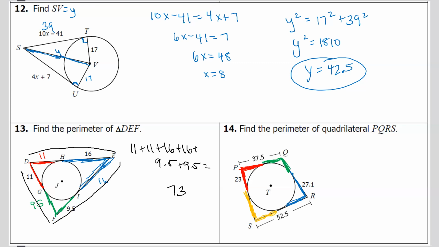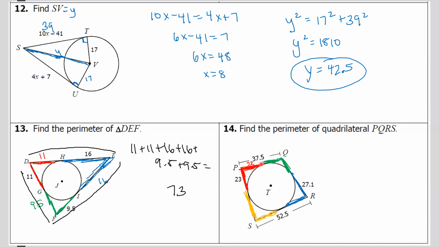Okay. So now I'm going to use what I know about the congruent parts to fill in what I don't know. So I know that this red piece is 23, which means this red piece is 23. So I'm going to go ahead and label that red piece 23. Okay.